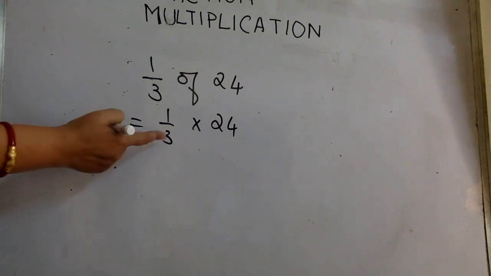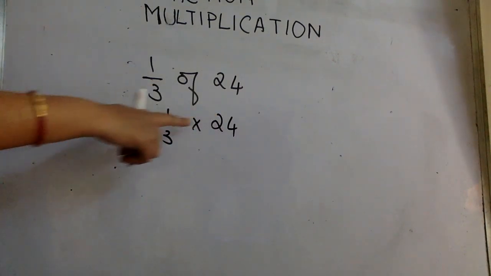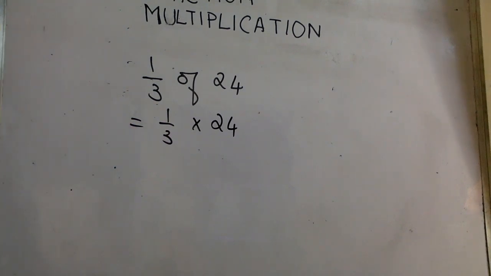Okay, now 3 and the 24. Remember, the numerator always cancels with the denominator. The numerator and the numerator never cancel, or the denominator and the denominator will never cancel. Cancellation is always between the numerator and the denominator only.